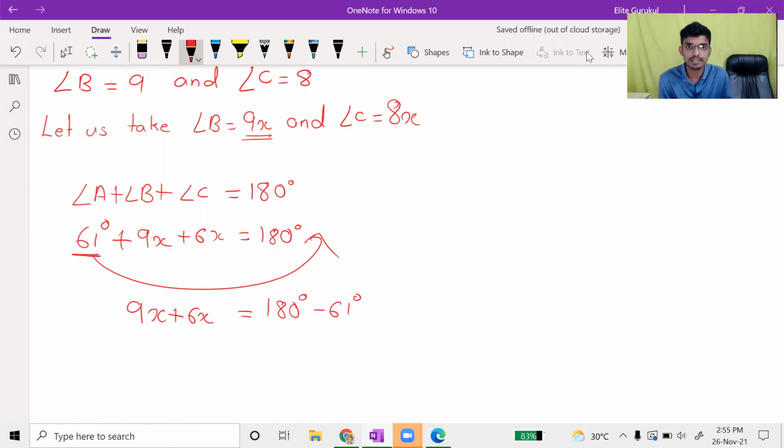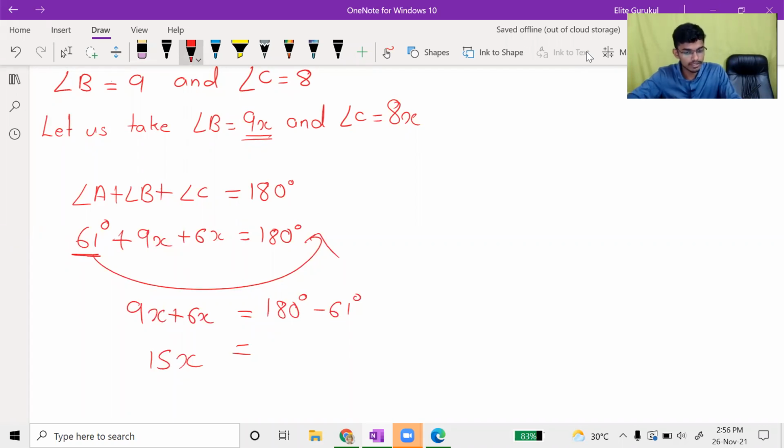Now 9x plus 9x, how much? 15x. Which is equal to 180 minus 61. Tell me what will be the answer? 119.